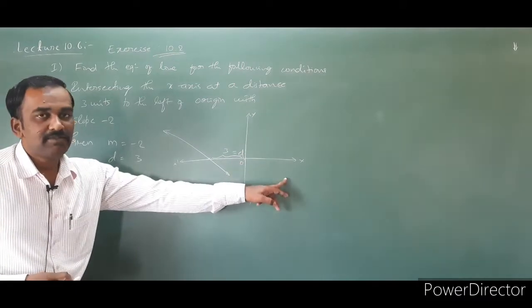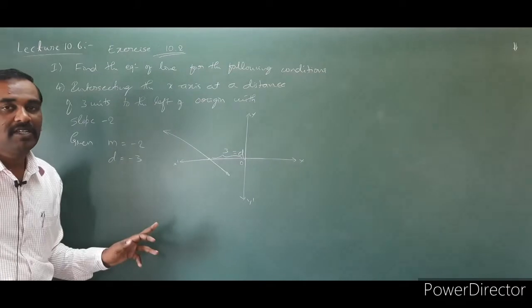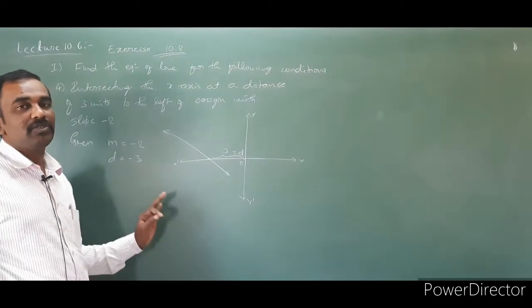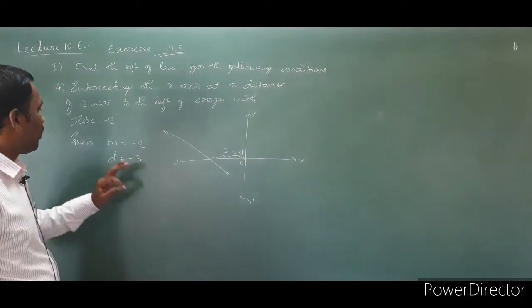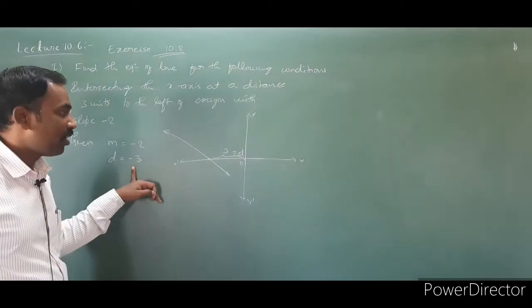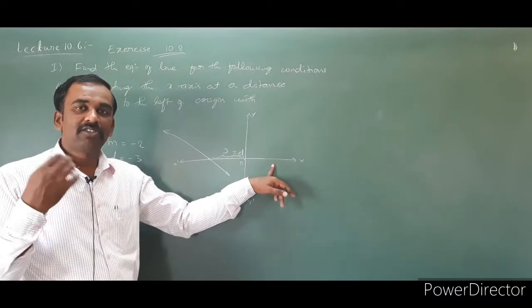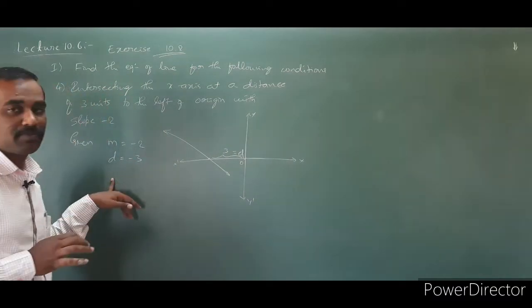If it is the right-hand side of the origin, the d value is plus 3. If it is the left-hand side of the origin, the d value is minus 3. Here you should be very careful. If you take the d value as plus 3, the solution will be wrong, because you have changed the question.